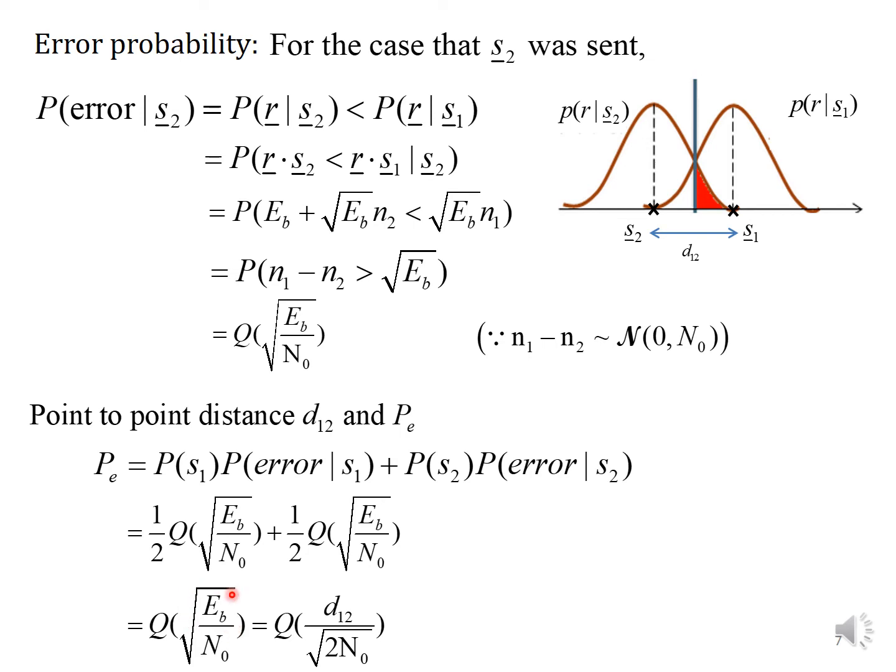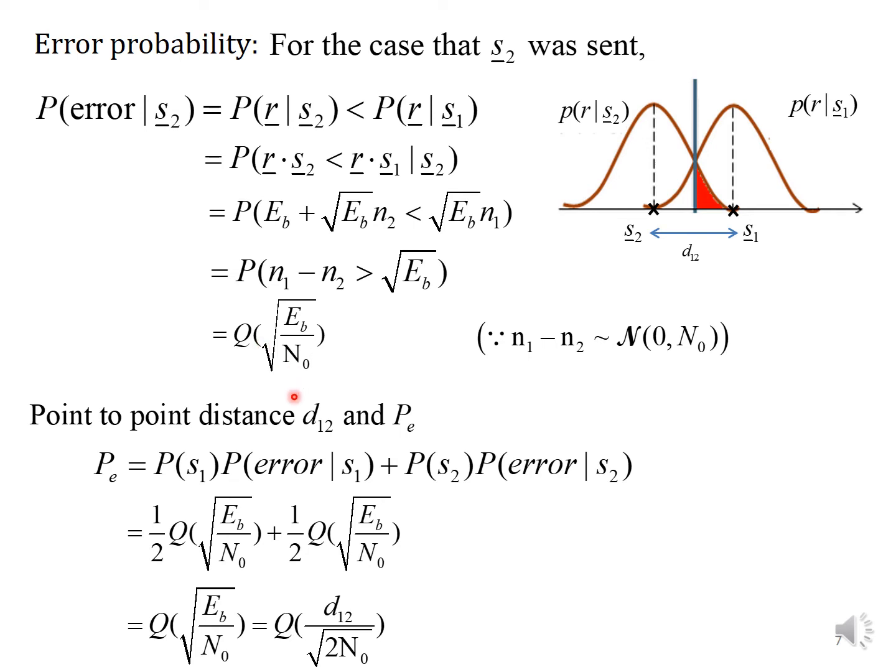Remember in the previous example, in the binary PAM, there's a 2 here, right? Square root of 2 Eb, right? So it's larger, and so this error probability is larger than binary PAM.